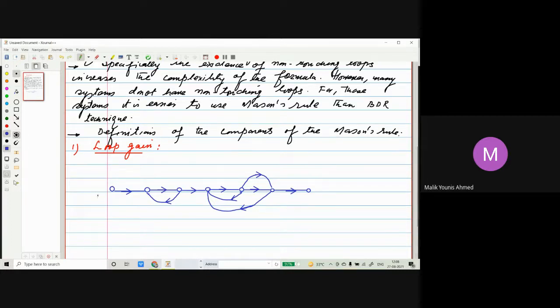So let's say this is an input R(s). This is the overall output C(s).